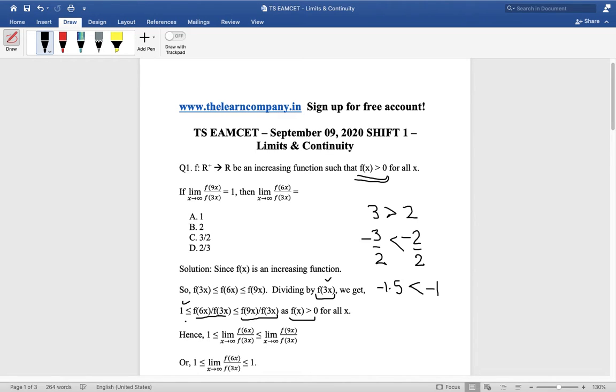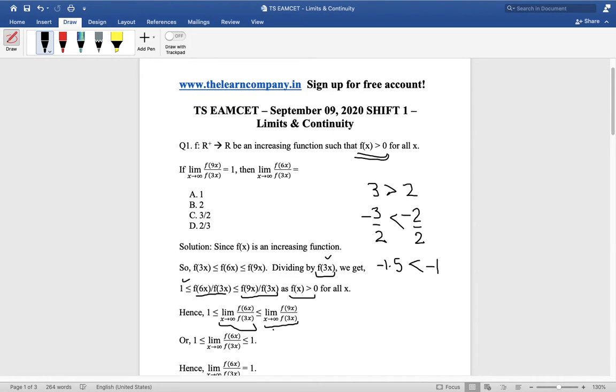So f of 3x by f of 3x is 1, and f of 9x by f of 3x is here, f of 6x by f of 3x is here. Now I am taking the limit as x tends to infinity on all these sides. So this will stay as a constant, and this is the limit that we want to know, and this limit is given to us already, right? f of 9x by f of 3x for limit x tends to infinity equals 1.